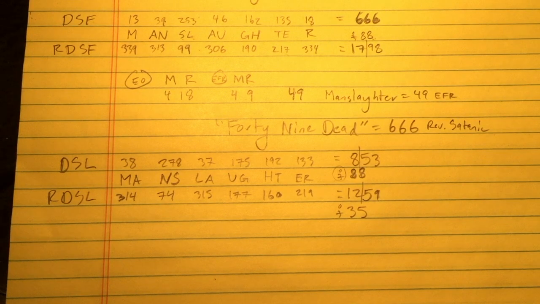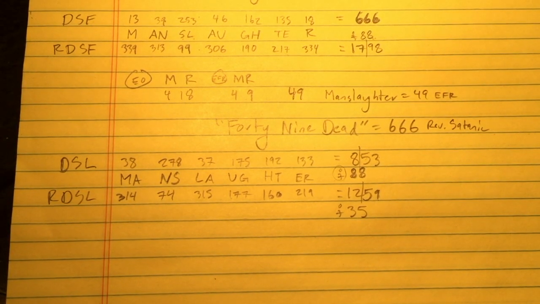As far as 35 goes, Baphomet equals 35. But I'd like to do a little bit more investigation on that before I make any assumptions about those numerical essences.